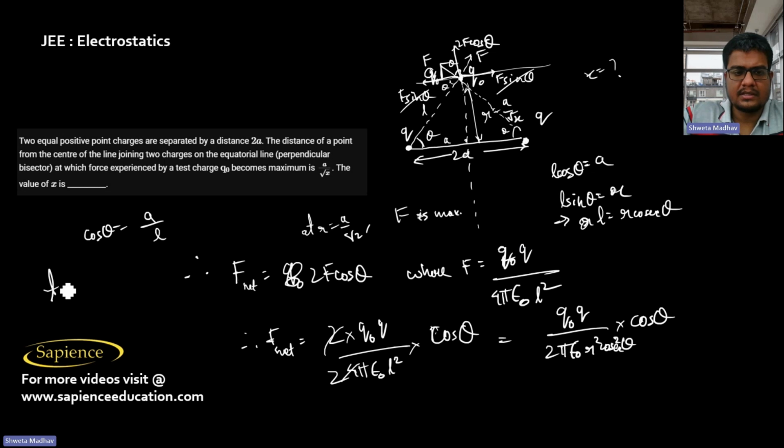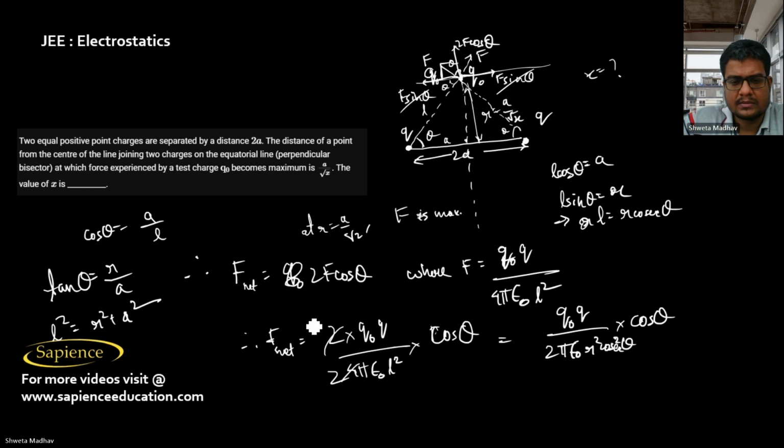From here, tan theta is equal to r by a, and from here L square is r square plus a square.